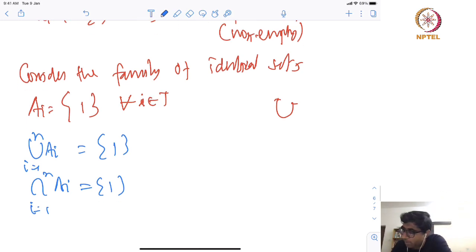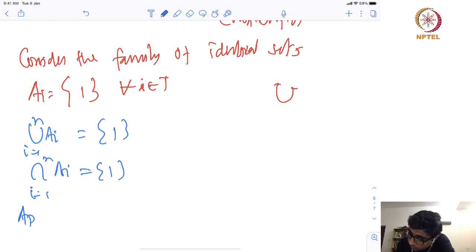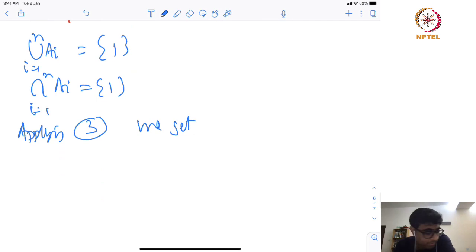So, now if you apply 3, applying 3, what will we get? Applying 3 on these sets, we will get 1 is equal to the summation over phi. Okay, let us not apply 3, let us apply 2.